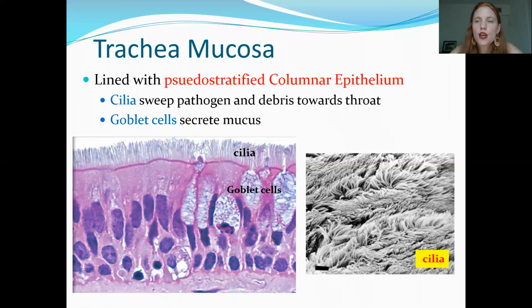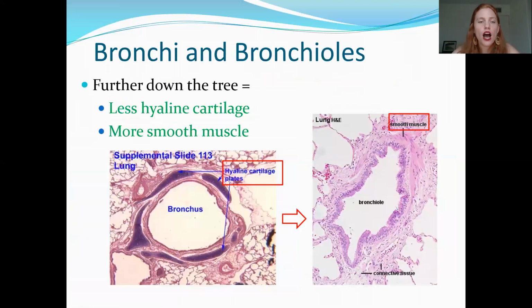Okay, so the trachea is going to split into the bronchi, and then the bronchi will split again into the secondary bronchi and then the tertiary bronchi. And as you go further and further down into the respiratory tree, you're going to get less and less hyaline cartilage.